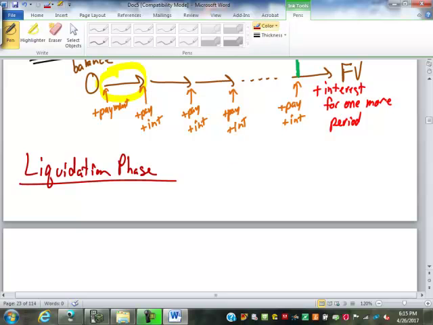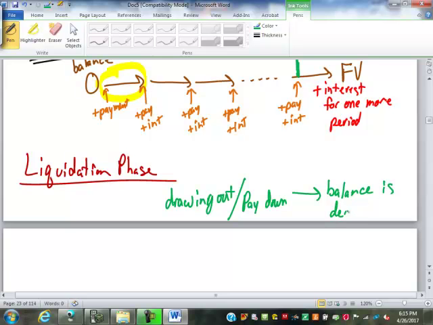In the liquidation phase, that's when you are drawing out or paying down. Either way, the balance is declining.